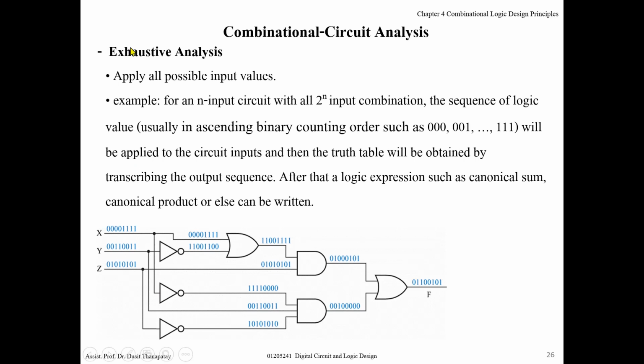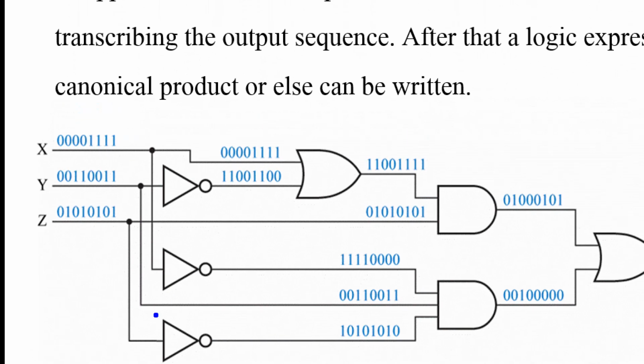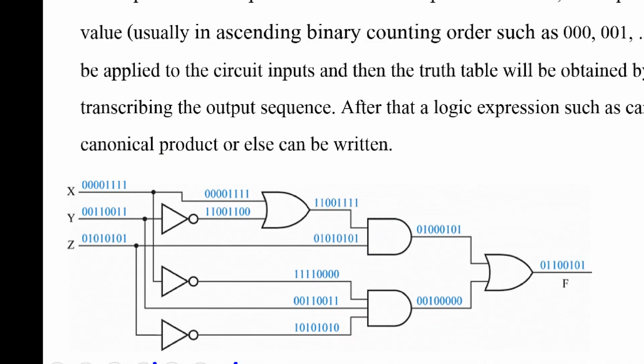For example, if you analyze by this exhaustive method, namely you apply all possible input values, for example apply 0, 0, 0, and you consider 0 at here, invert, so it's 1 at here; 0 or 1 is 1, and 0 at here; 0 and 1 is 0.